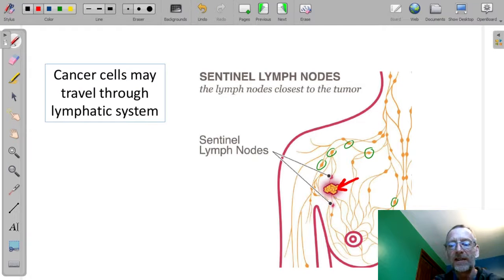So the idea of a sentinel lymph node is that these are the lymph nodes that are closest to the tumor. So these are the lymph nodes that will first detect tumor cells and may become swollen and enlarged as the tumor cells collect in the lymph nodes, which we'll take a look at in the next slide. But that's the idea of the sentinel lymph nodes. If you find the lymph nodes that are cancerous and they're the ones closest to the tumor, you've kind of narrowed down where the tumor is.